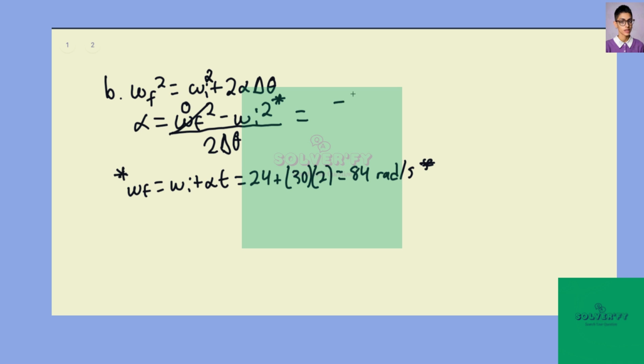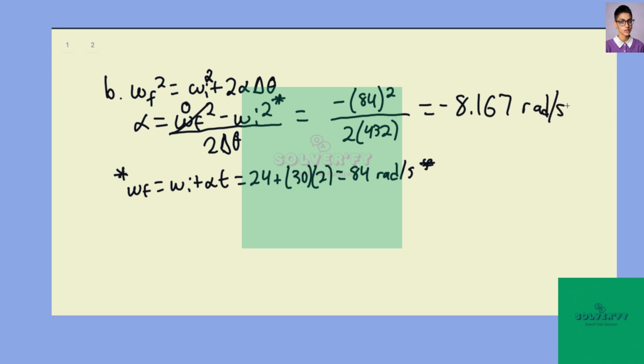So we'll have negative 84 squared all over 2 times 432. And this will equal negative 8.167 radians per second squared. So this is actually C, but it's much easier to find C first and then find B.